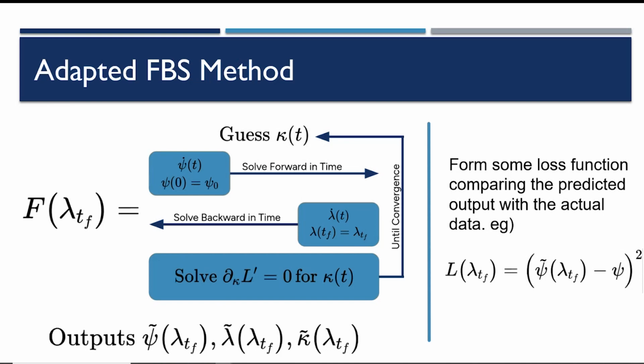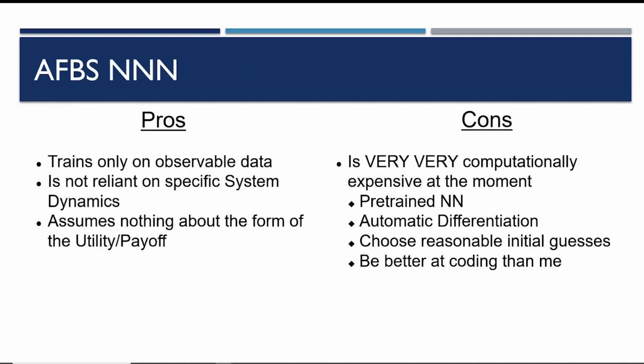I mean, if this works, this will be great, but there are certain pros and cons. The obvious pros are the fact that it falls right in the middle of this Venn diagram, which would be the ideal solution as such. The abundant cons to this method at the moment is that it's very, very computationally expensive, as in there's a gradient descent inside of a gradient descent inside of a gradient descent at the moment.